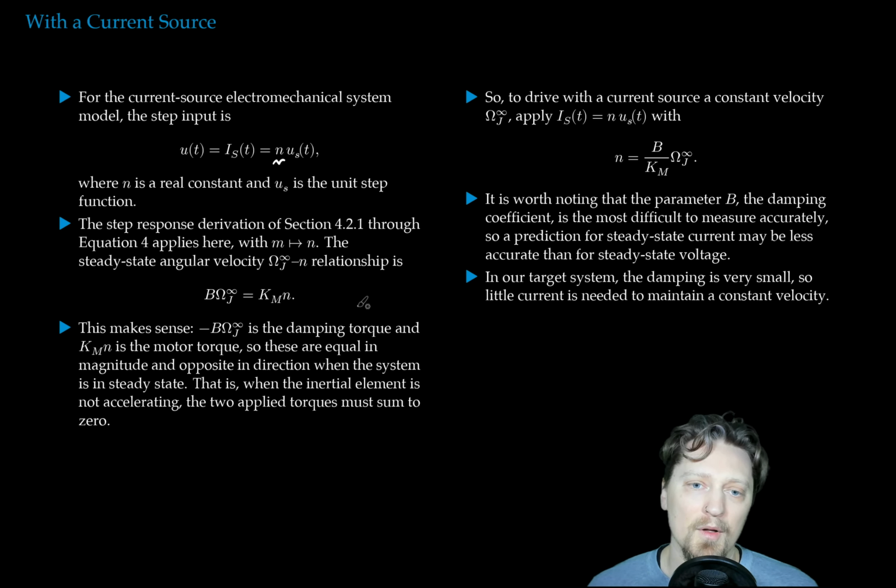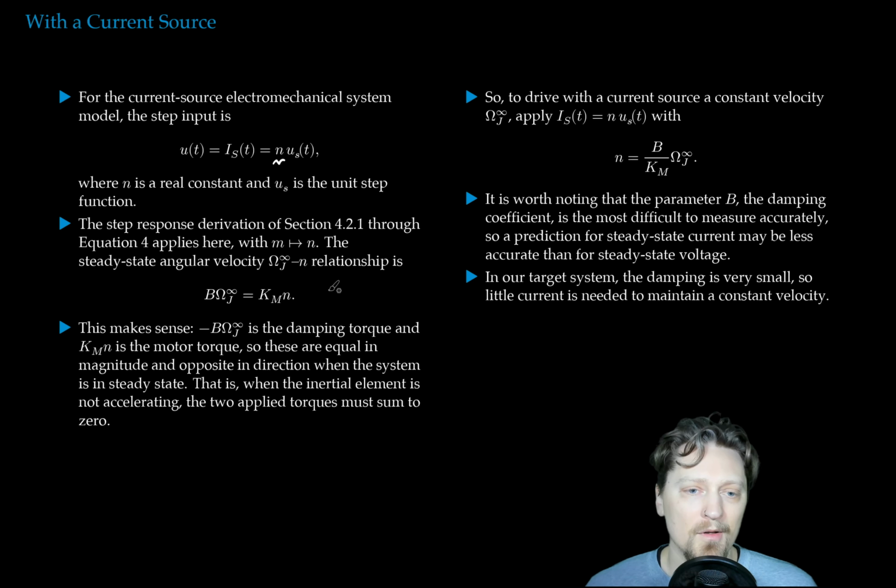Replacing M with N, we get the steady state angular velocity relationship as B omega j equals Km times N. This makes sense. Negative B omega j is the damping torque, and Km times N is the motor torque.